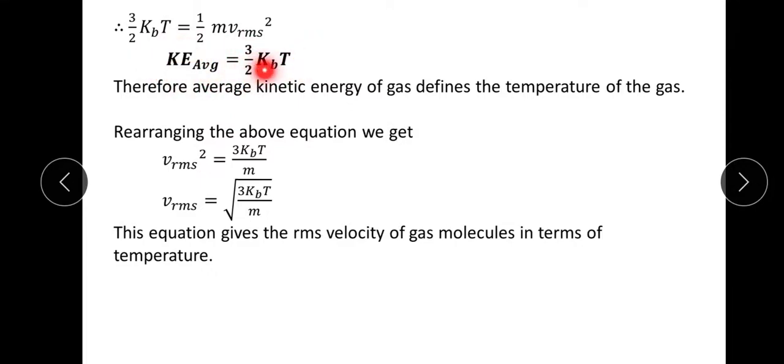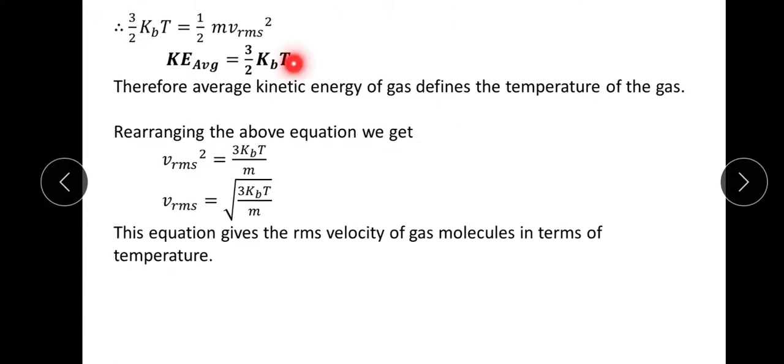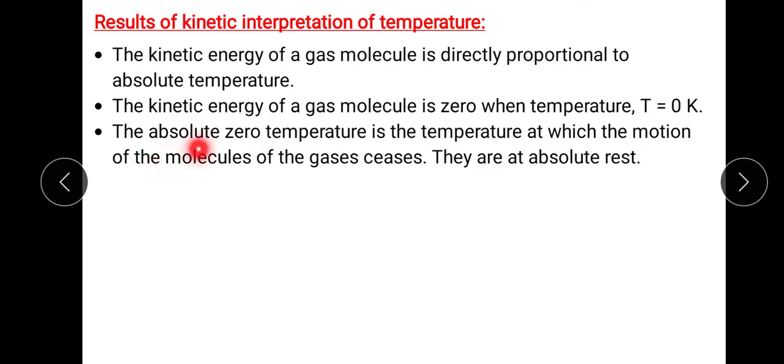So 3 by 2 K is a constant, so the kinetic energy is directly proportional to the absolute temperature T. Now, the kinetic energy of gas molecules is 0 when temperature T becomes 0. If the value of T becomes 0, the kinetic energy of gas molecules is 0, which means T equal to 0 is the absolute 0 temperature.